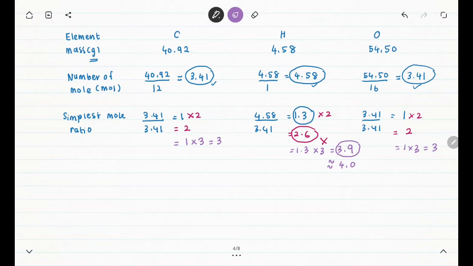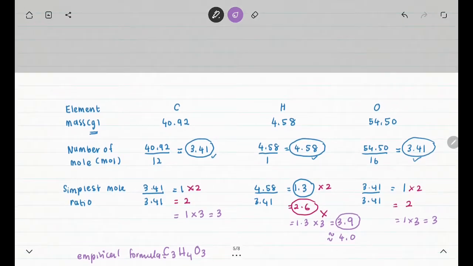So the mole ratio for carbon is C3, hydrogen is H4 and O3. So the empirical formula is C3H4O3. That is our empirical formula.